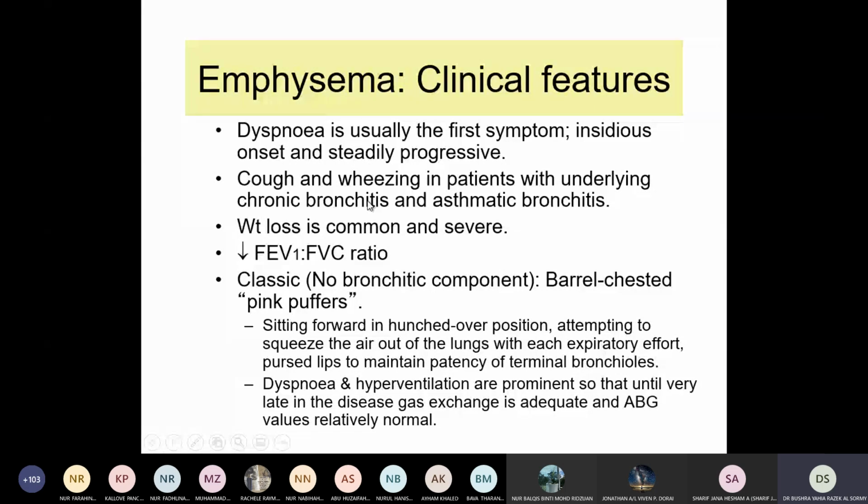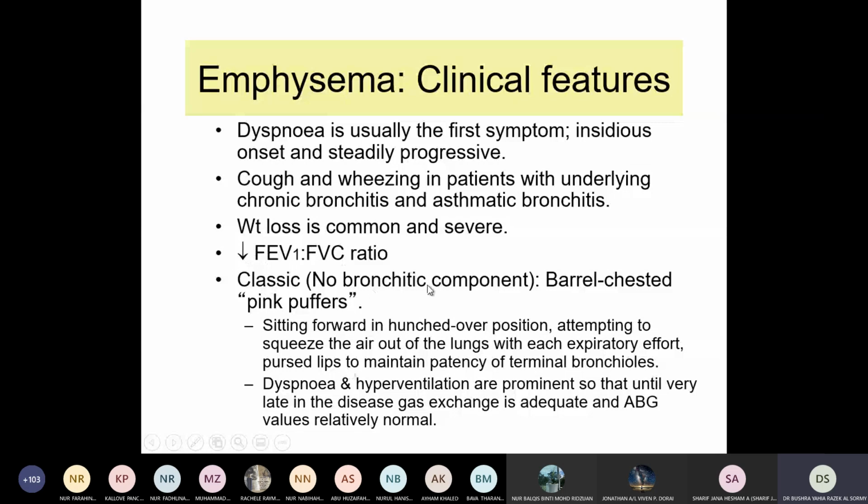The bronchitis, because they have the same etiology, chronic smoking also leads to chronic bronchitis. So if there is wheezing, that means he also has bronchitis. Weight loss is common and severe. Decreased FEV1 to FVC ratio.